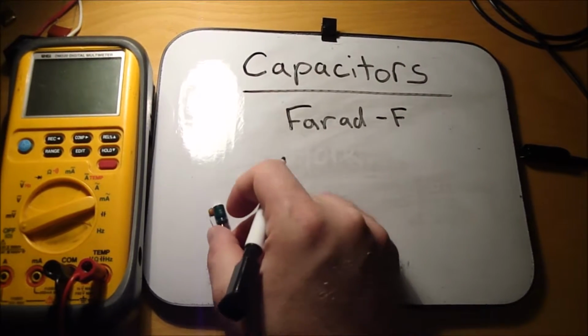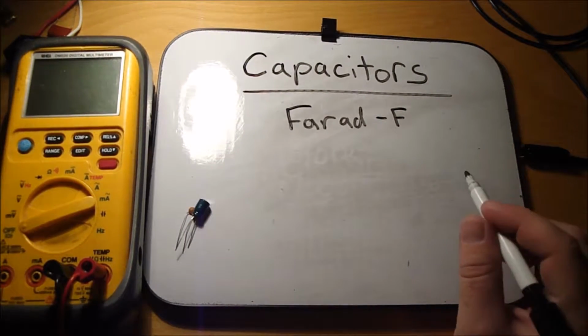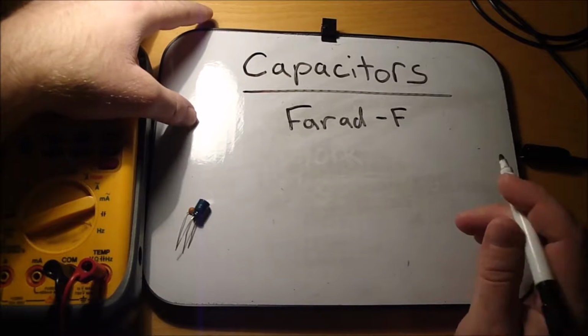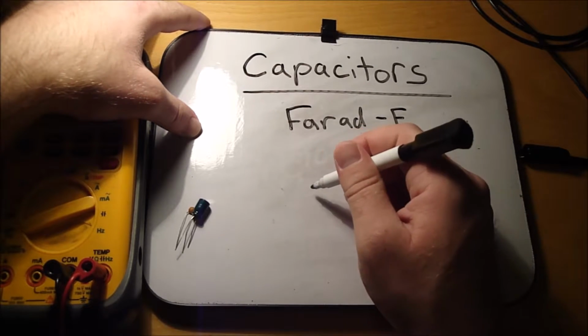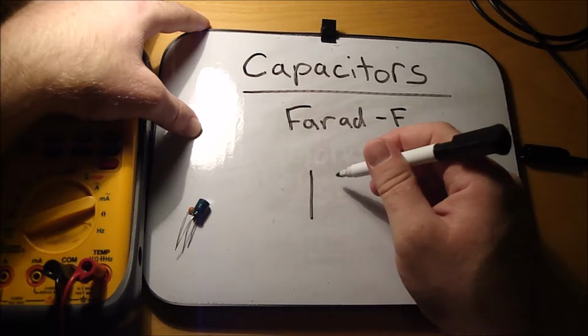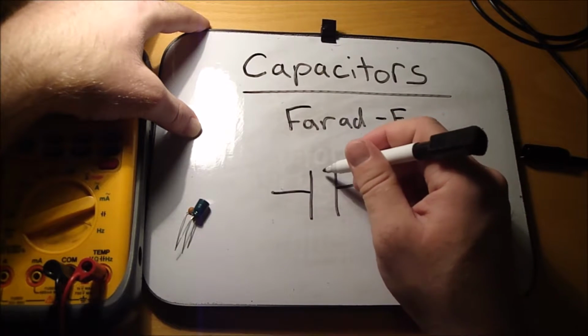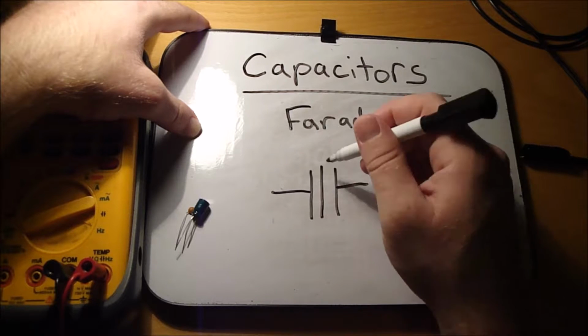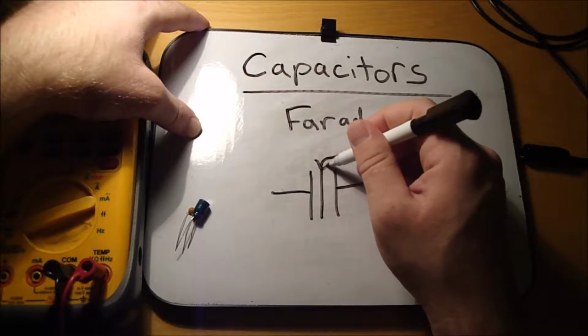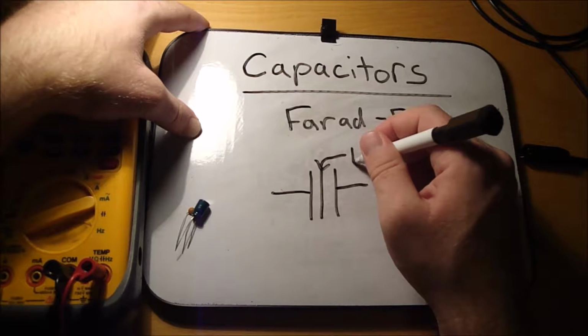So a capacitor is made up of two conductive sheets, so two pieces of metal pretty much, that sandwich an insulator in the middle. And that insulator is called a dielectric.